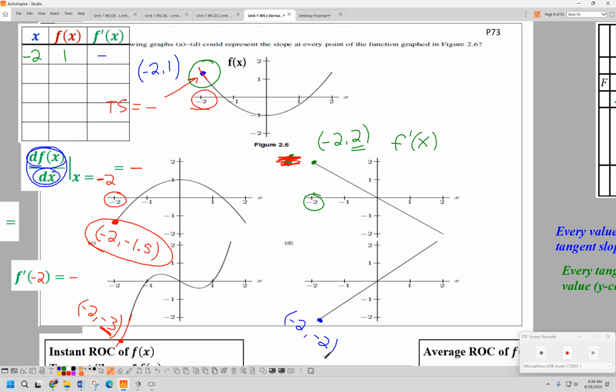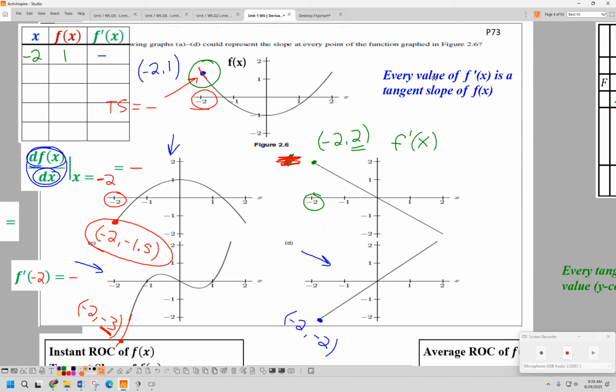We're looking to make sure that at every single point, see, the idea is this. On one of these graphs, this one, or this one, every single y coordinate is supposed to accurately show the slope of that graph.